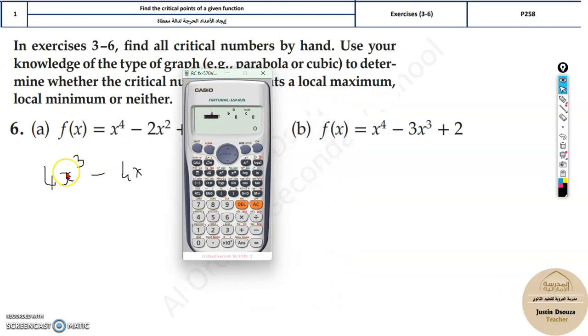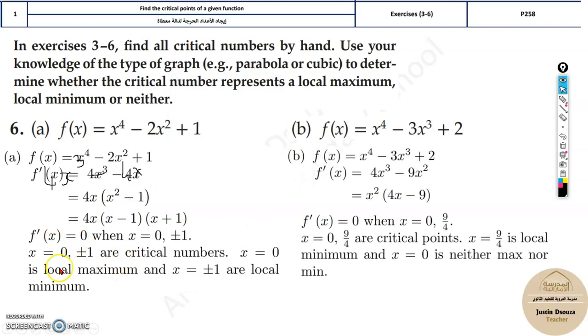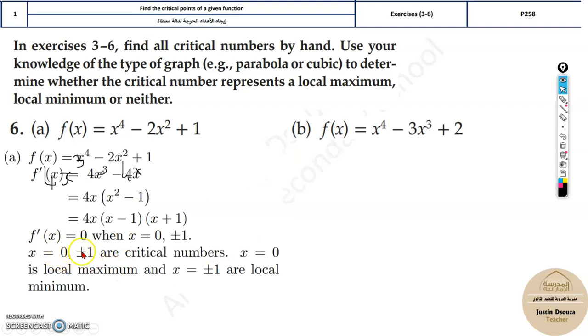You need to substitute the values first: 4, x squared is not there, so it's 0, and lastly minus 4, and there is no constant, so it's again 0. So the critical numbers are x equals 1, minus 1, and 0. We got three critical numbers.